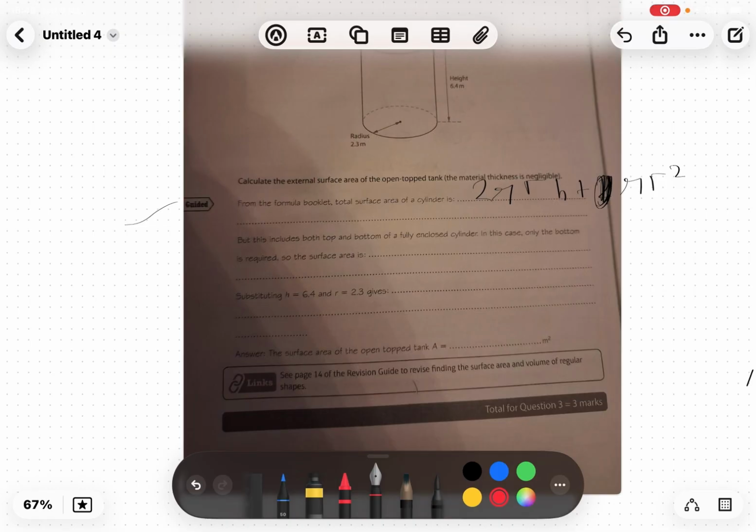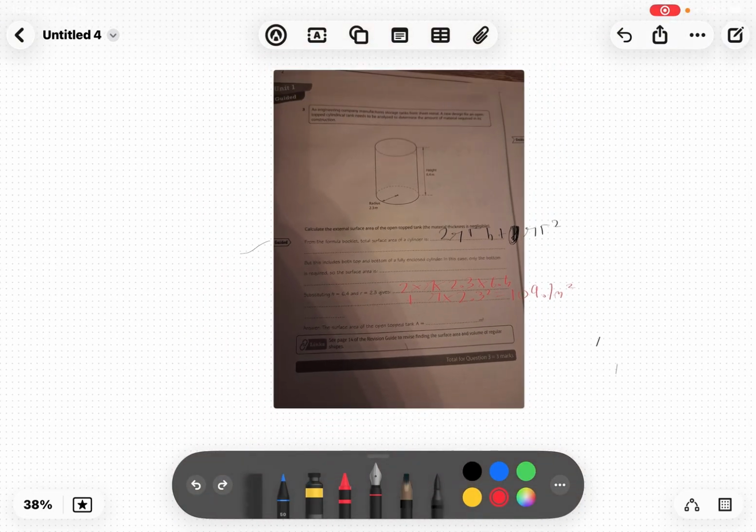We will do 2 times pi times 2.3 times 6.4 plus pi times 2.3 squared, and all that equals 109.1 millimeters squared. Remember, area is in units squared. So yeah, this was kind of an easy one.